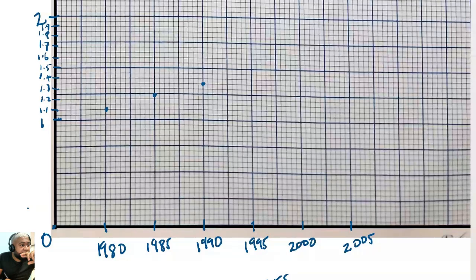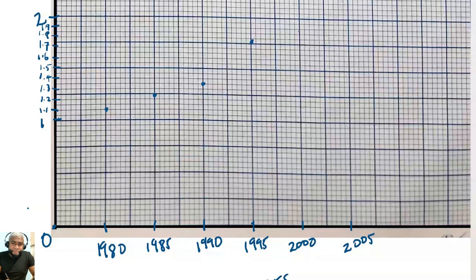Yeah? Yeah, go ahead. 1995, what is the y-axis value? 1.76. That'll be right above 1.75, right? It should be like right here. Right there.